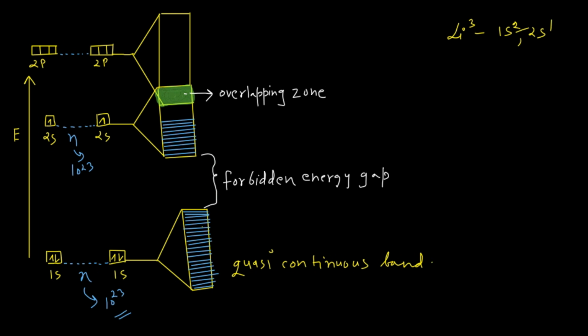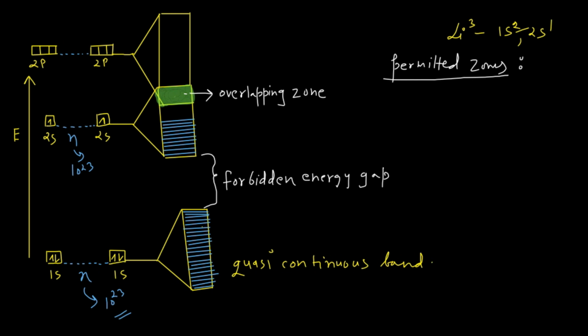And remember one thing: the zones where the electrons can move are called the permitted zones. So in your textbook, you can find various things here. So first of all, I am writing permitted zones. So what are the permitted zones?